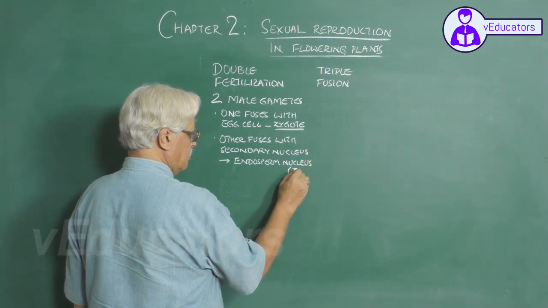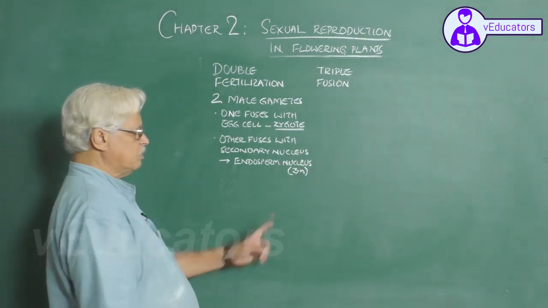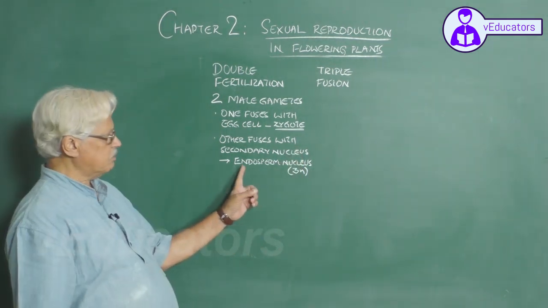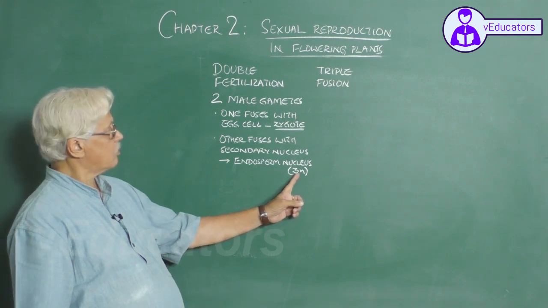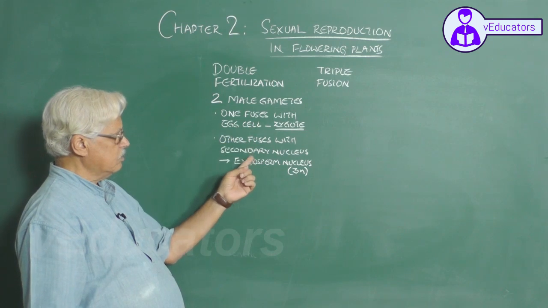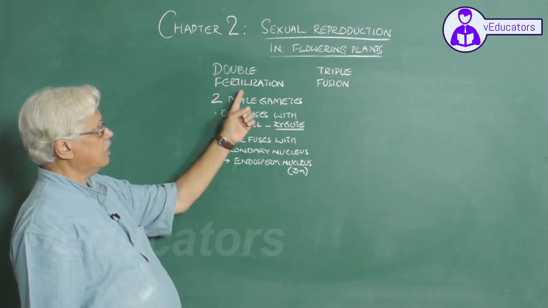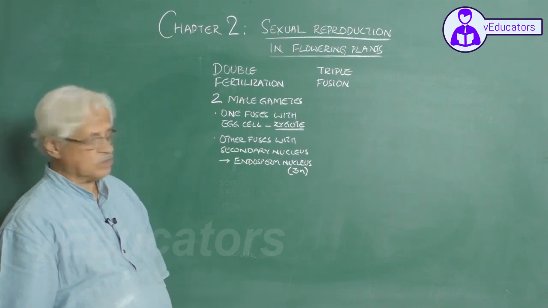Since this secondary nucleus is already diploid, the endosperm nucleus becomes triploid. So two male gametes are fusing with two separate cells, therefore it is known as double fertilization.